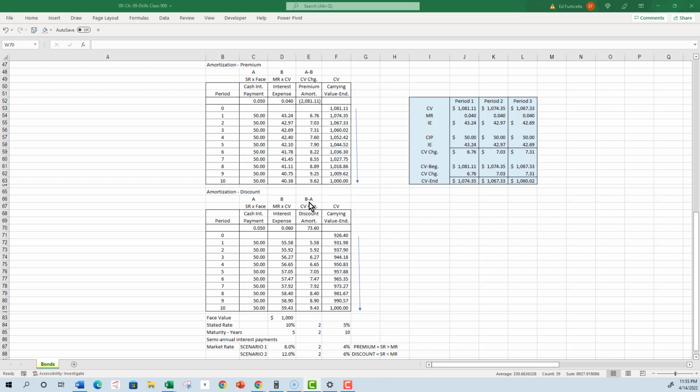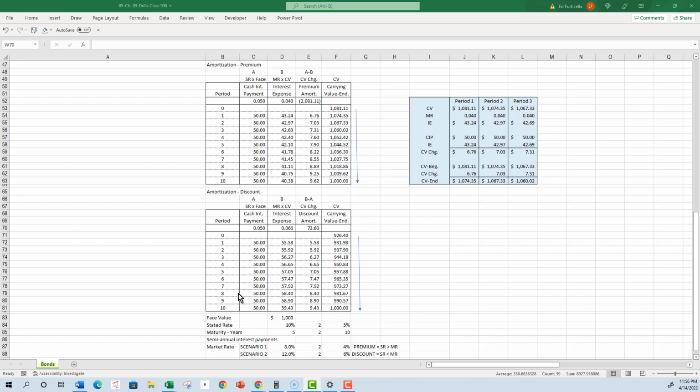We do the same type of calculation for periods 4 through 10. The cash payment column will always be $50. The interest expense column will always be the market rate of 6% multiplied by the prior period's carrying value. The difference between the interest expense and the cash interest payment will always be the change in the carrying value.